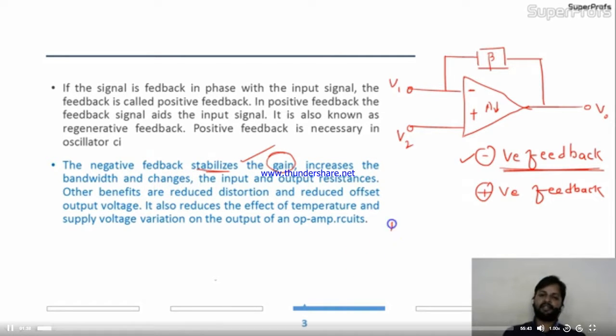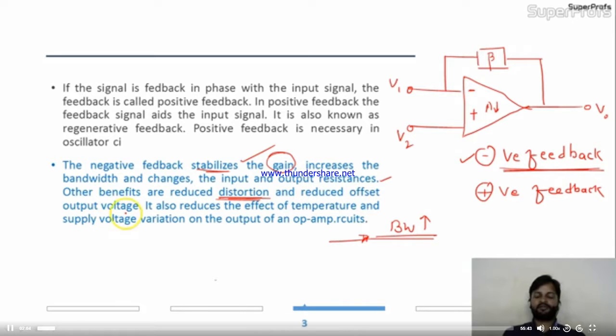If bandwidth increases, definitely it's good for us. It can take a large amount of signals. It also changes the input and output resistances. Other benefits are reduced distortion. If distortion is reduced, then it is a benefit to us.